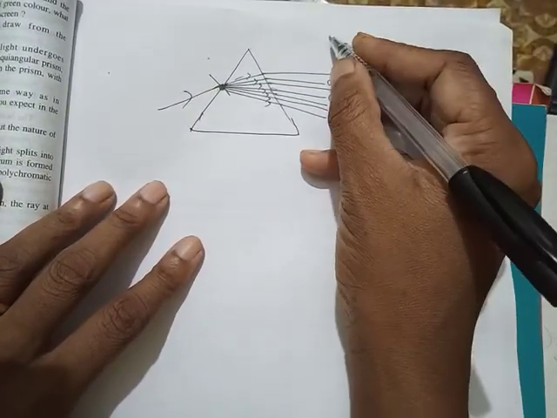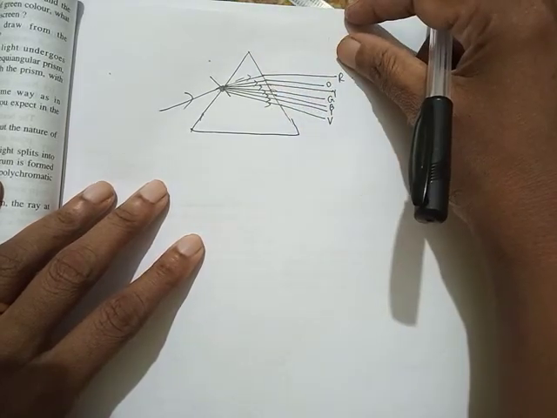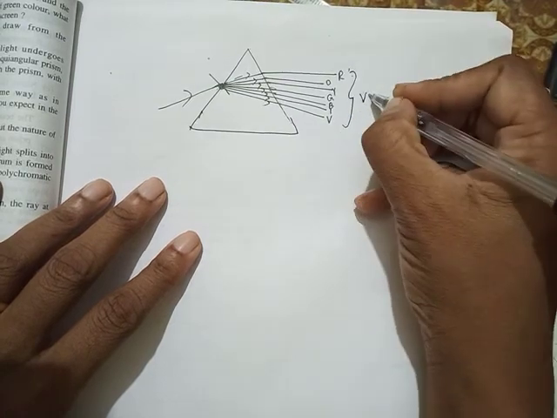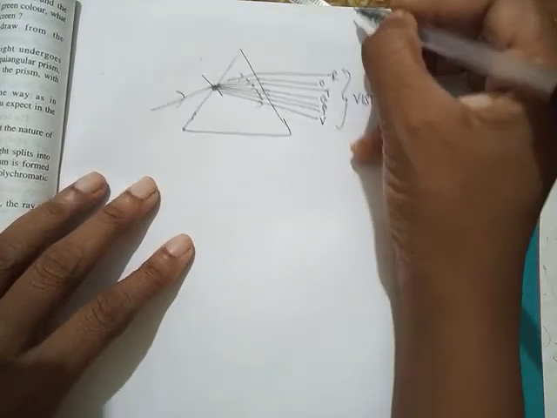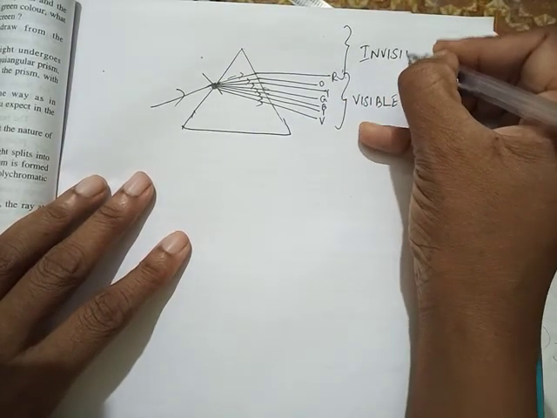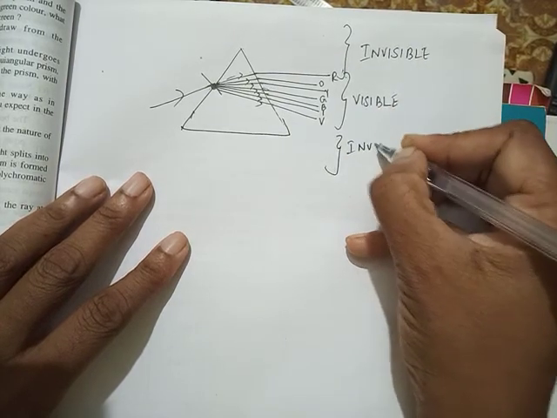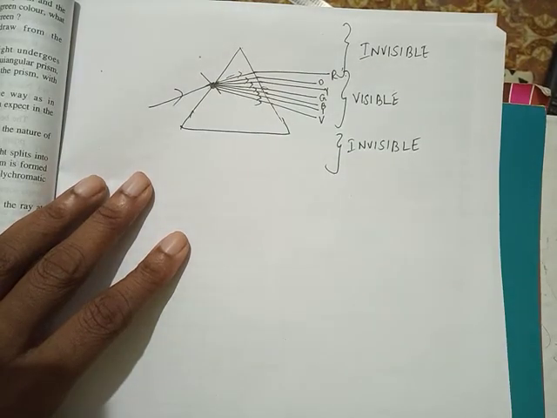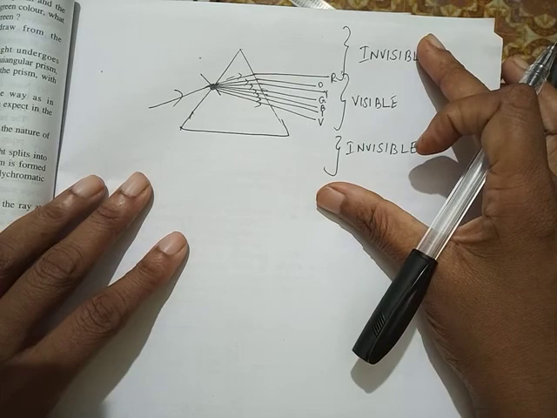Actually, above red and below violet there are also some bands of radiations. This is the visible part, so we are able to see this, but there are some radiations which are invisible to the human eye, but they are present. There are different ways to detect them. The whole thing is called the electromagnetic spectrum.